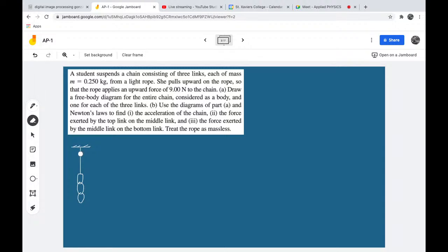It's being pulled upward, so in general there will be an acceleration upward, and what is given is a force acting in the upward direction, which is given to be 9 Newton.